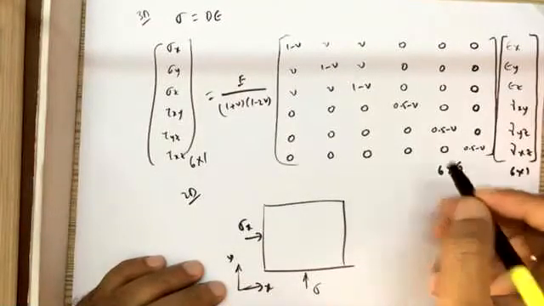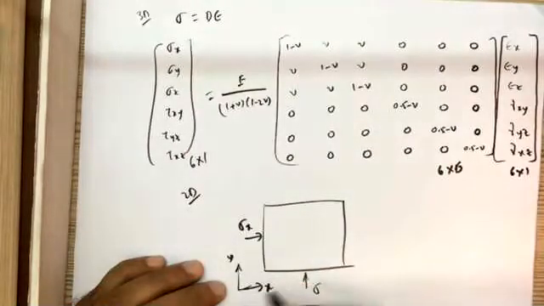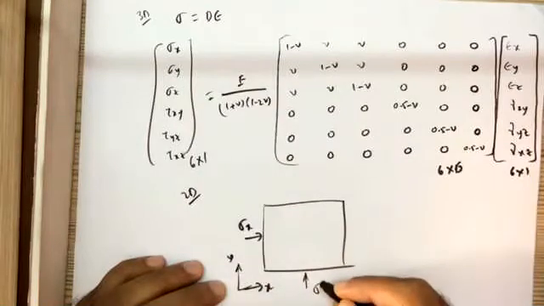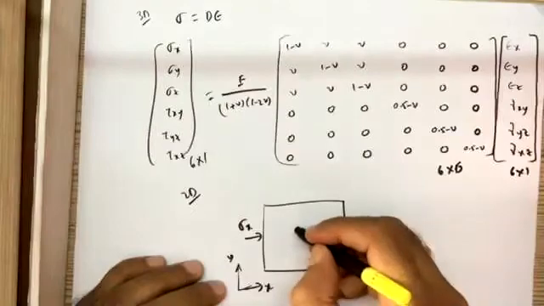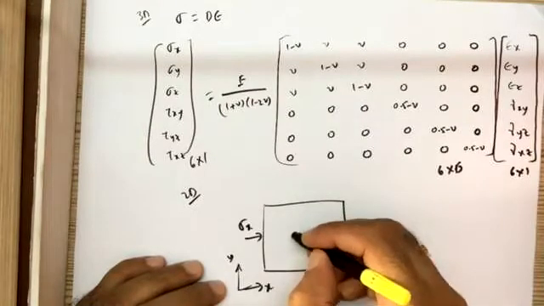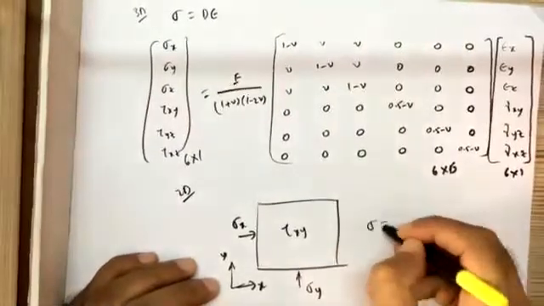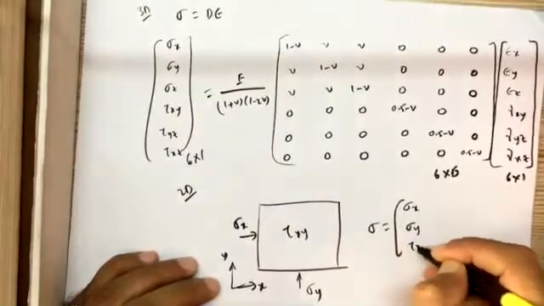And for 2D, if you consider a simple plane like this, xy, then you have two normal stresses, one in x direction, that is sigma x, and in y direction, that is sigma y. And along with that, because I consider this as a plane, you also have shear stress in this xy plane, tau xy. So sigma is equal to sigma x, sigma y, tau xy.